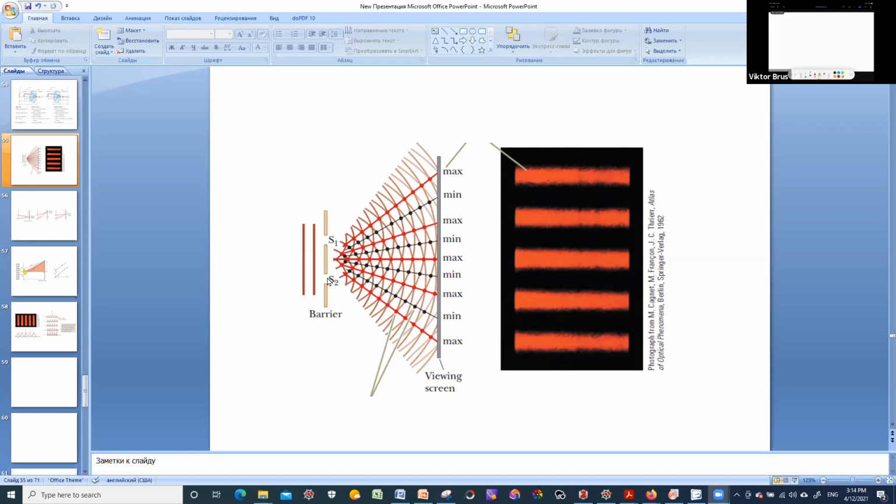Another requirement is monochromatic light, because you will see later, when we discuss this effect quantitatively, that wavelength is an essential parameter which will define the position of the maxima and minima.